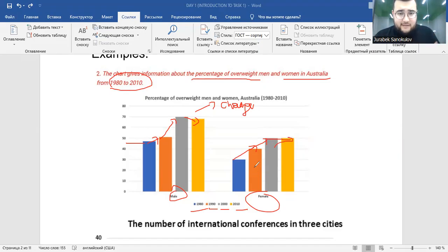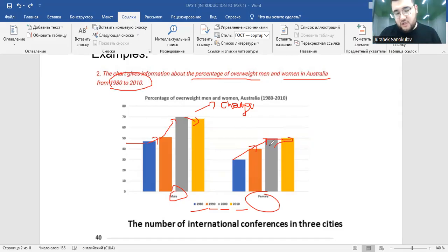So the data, the figures, are changing. That's why we call them change charts. Do you understand? This is basically a bar chart, but like I said at the beginning, bar charts are different. This is one of the types of bar charts, which is a change chart. You don't even have to pay attention to whether it's a bar chart, table, or pie chart.